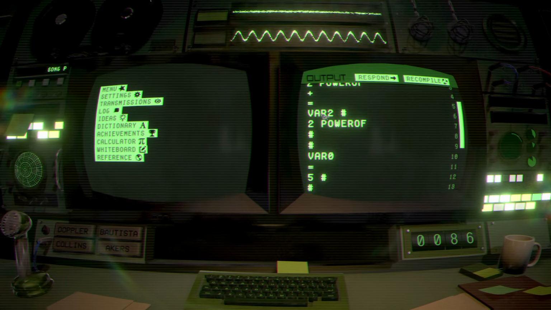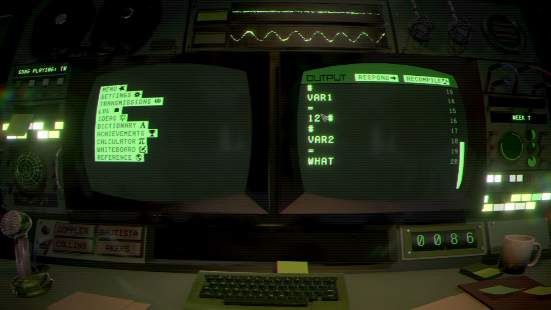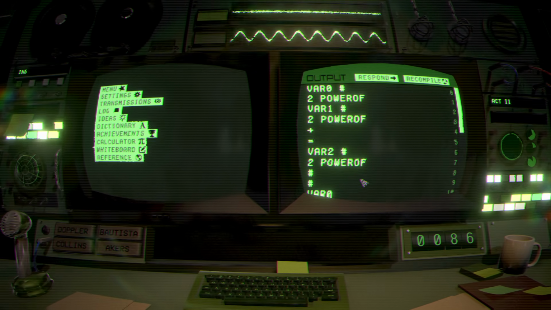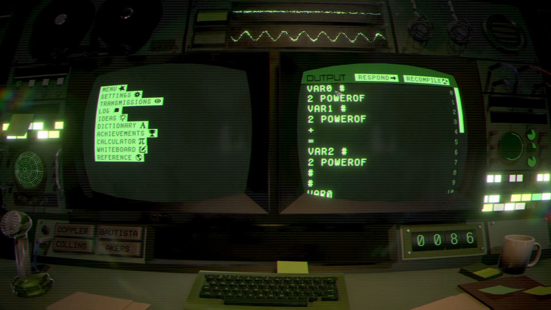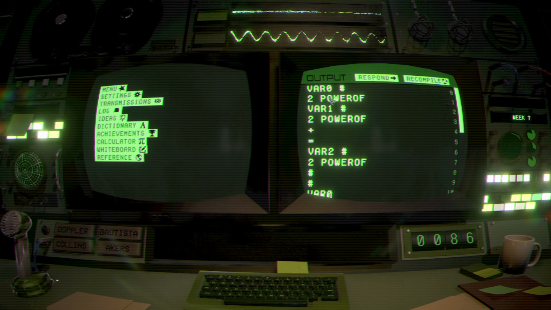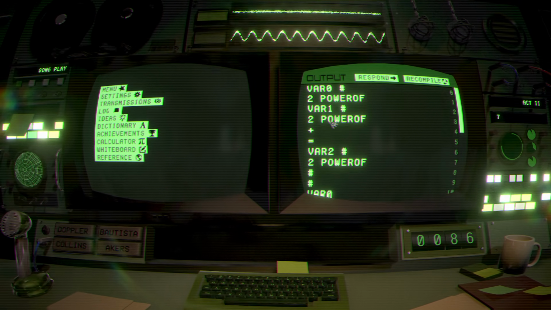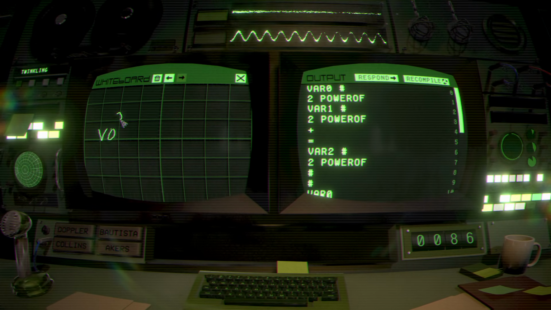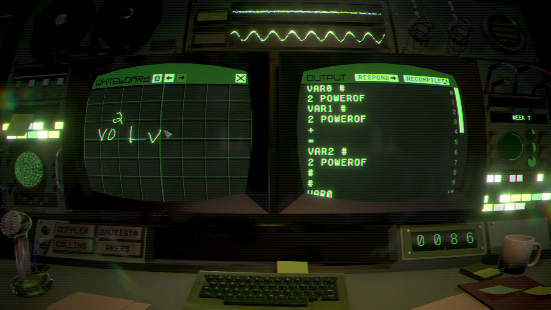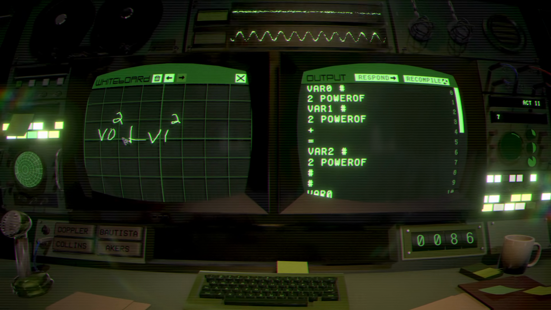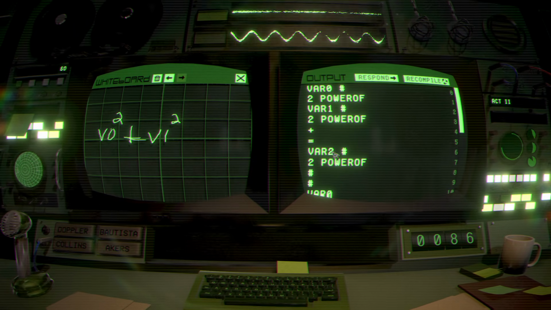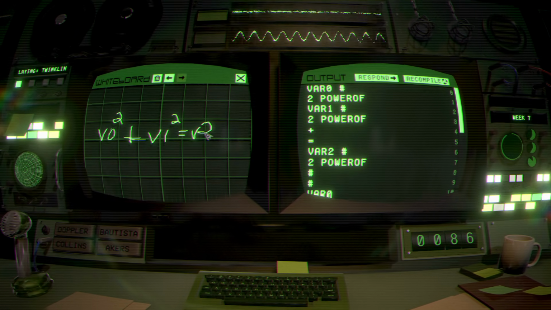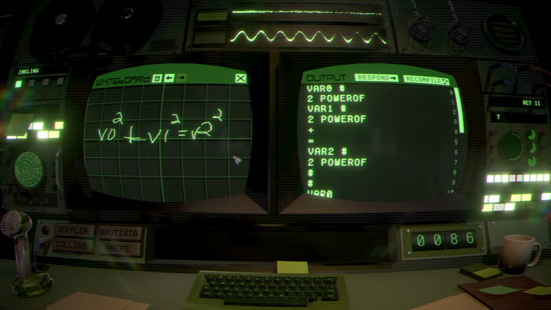Okay, so now we're back to more math type equation. So variable 0 squared plus variable 1 squared equals variable 2 squared.